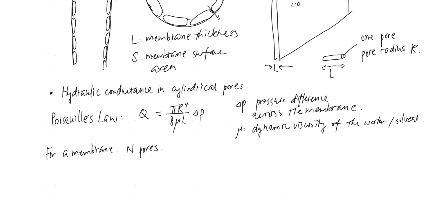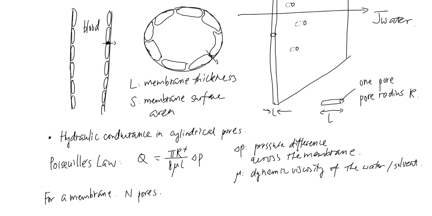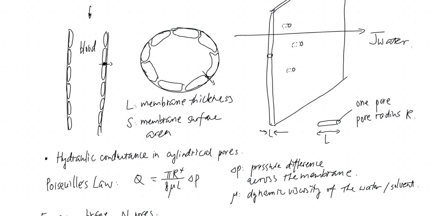And now let's also think about the size or the shape, the geometry of the pore. So what I drew here is a straight pore. But if we look back at the gap between cells, if you have water going through this path, you can see this path is not straight, or maybe this path is also not straight.